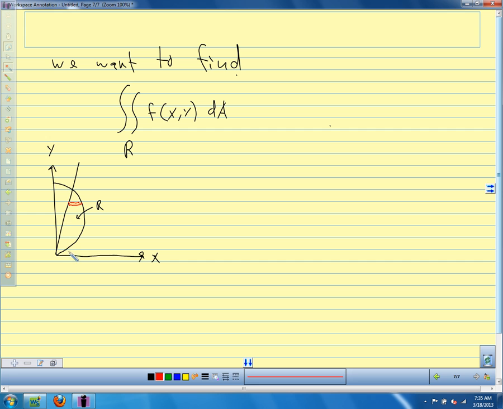Because in polar, theta would vary from 0 to whatever the angle is here, and r would vary from whatever our radius is here, out to the radius, this as a function of theta. So our angle would vary from 0 here, and if I sketched out the radius sweeping out, it would sweep here, here, here. Those would be our little sectors. So we could do horizontal rectangles, or polar could work, depending on what the functions are.